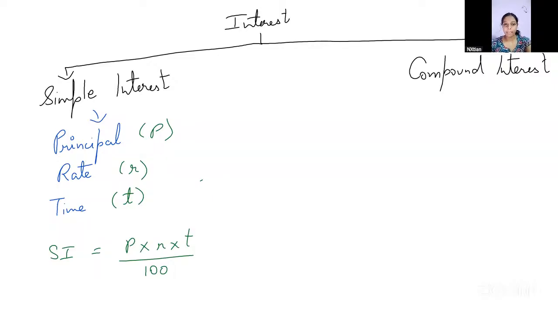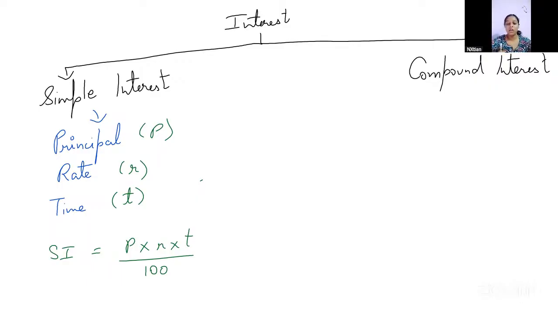Now, what is compound interest? Compound interest is a different thing, in which interest is calculated on the principal plus interest of the previous year. In simple interest, the same interest will be for the first year, second year, and third year.